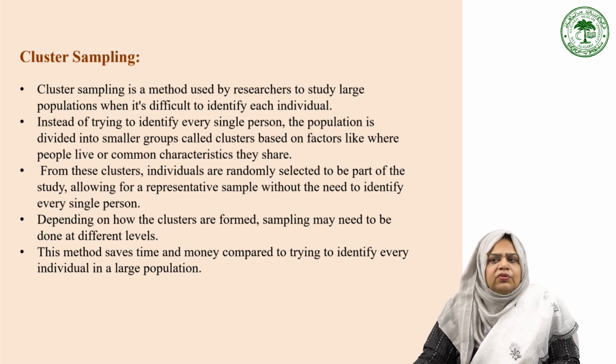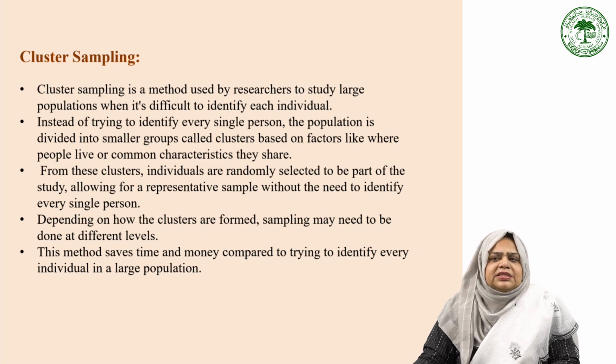Each neighborhood would then become a cluster. From there, the researcher would randomly select a certain number of households within each neighborhood to participate in the study. By doing this, the researcher can obtain a representative sample of the city's population without having to survey every single person.